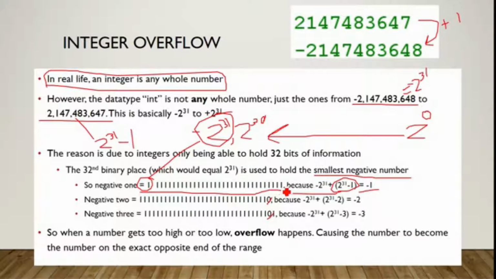And that's because once you get to the point where all of them except for the leftmost one are ones, it increments that one, and the rest becomes 0, and your number becomes negative 2 to the 31st. We call this overflow. So when a number gets too high or too low, you have overflow issues.